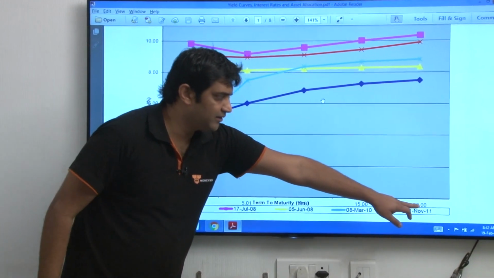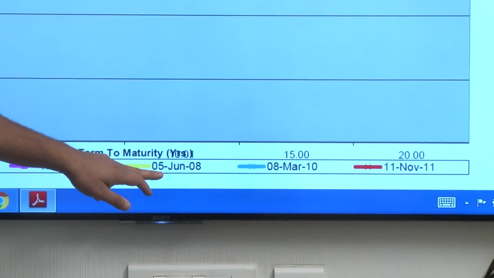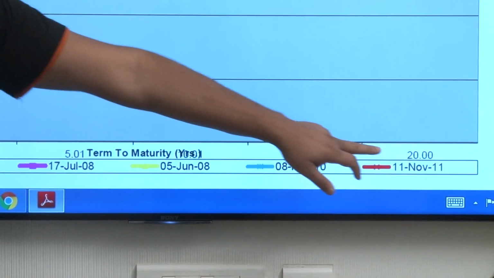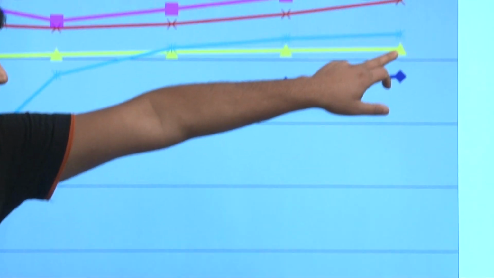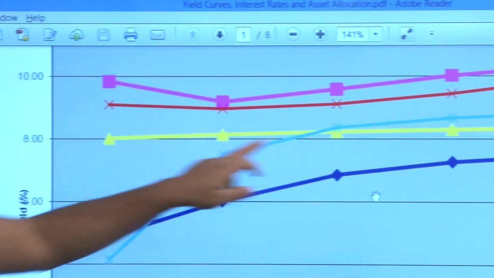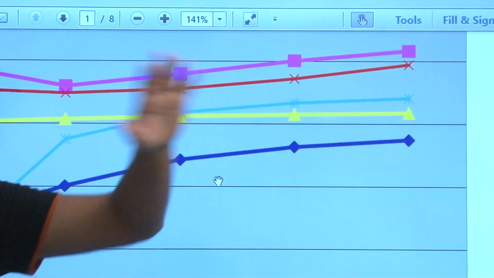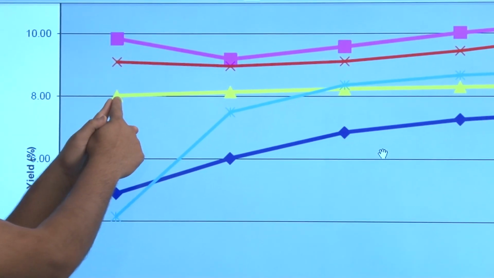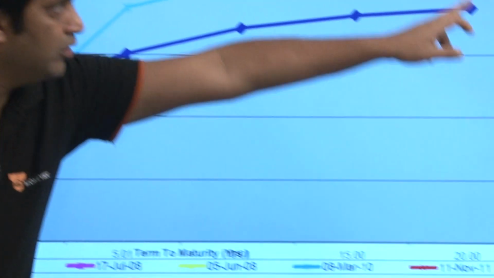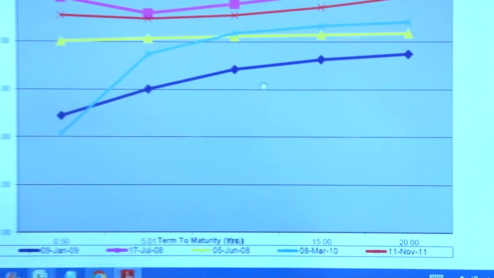For 20 years, if you wanted to invest in June 2008 in a government security, GSEC paper, for a period of 20 years, then you were happy with a rate slightly higher than 8%, let's say 8.1, 8.2, whatever that would have been. Broadly speaking, for 0.5 years it is 8%, and for 20 years also it is 8%, or a few percentage points here and there.